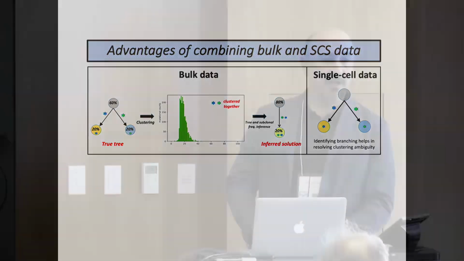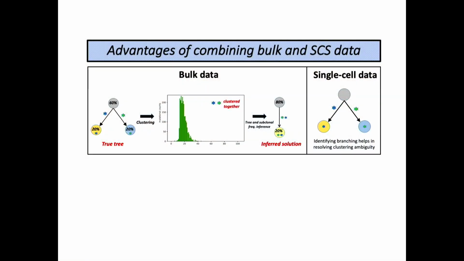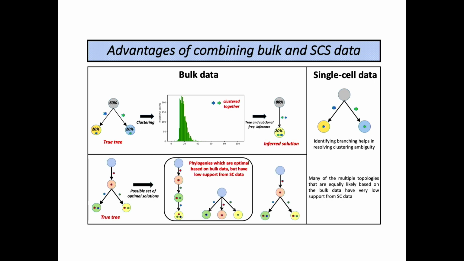So we argue that ideally you'd like to have both bulk and single cell sequencing data, and joint analysis can provide you not only the topology but also the prevalence numbers for each one of these clones or subclones. Obviously, the addition of single cell data constrains the number of topologies quite a bit, so it's a marriage between ideal parties in many ways, especially thinking that bulk sequencing data does not suffer from allele drop-off.